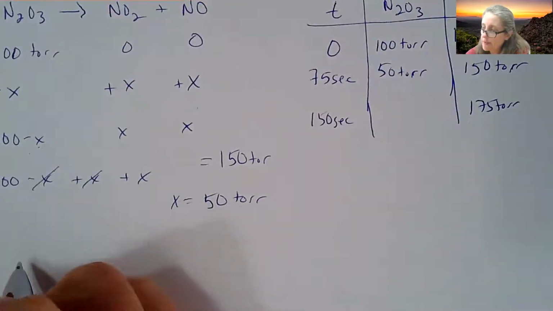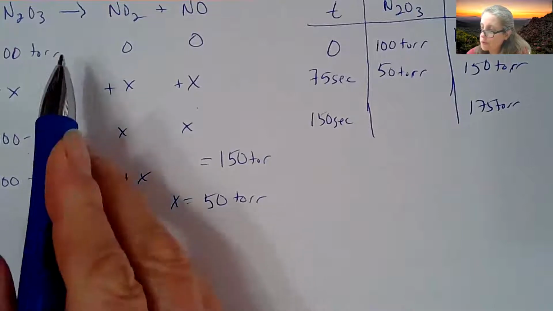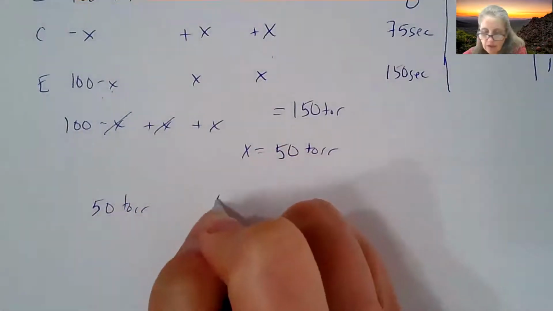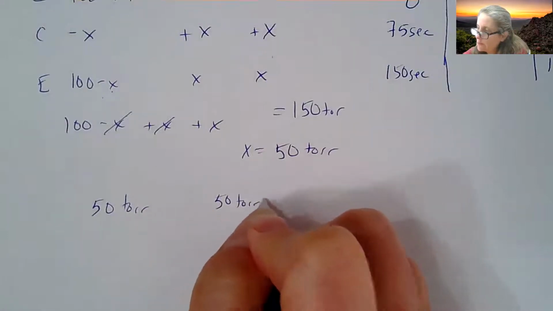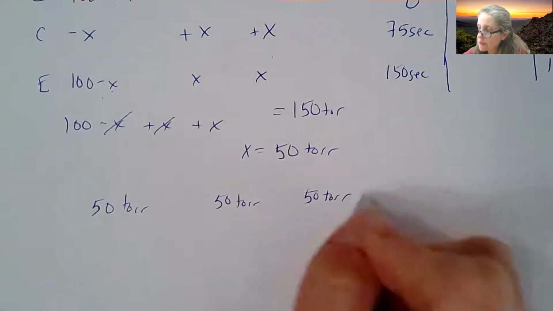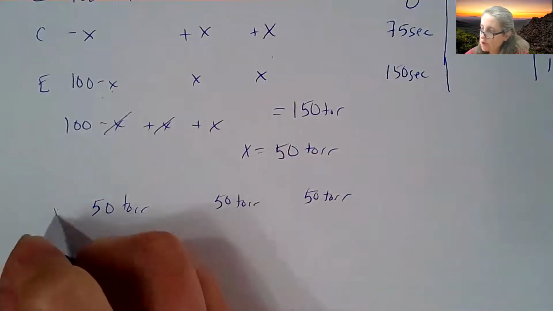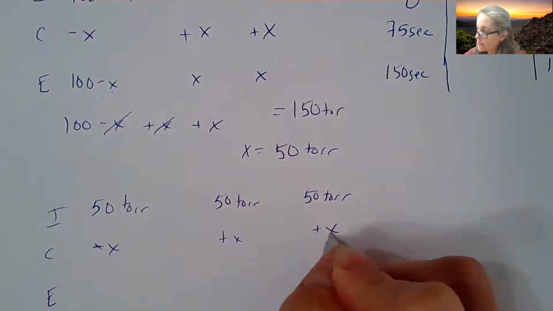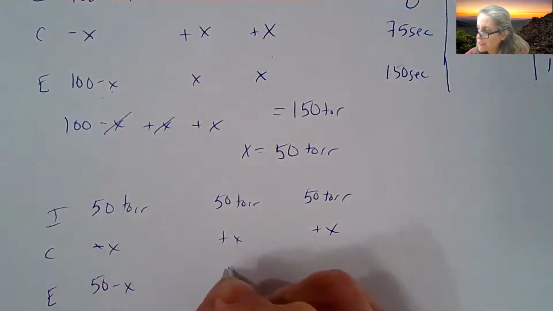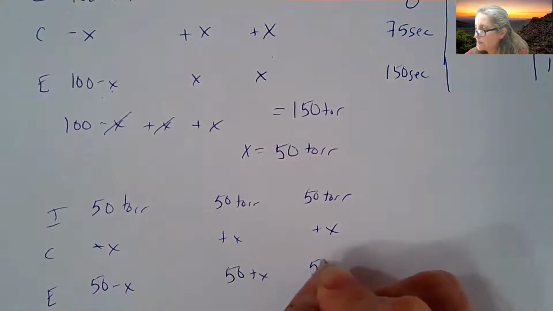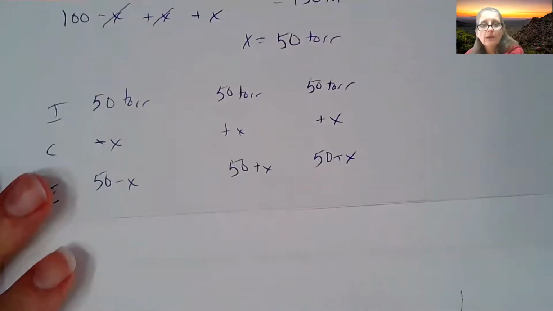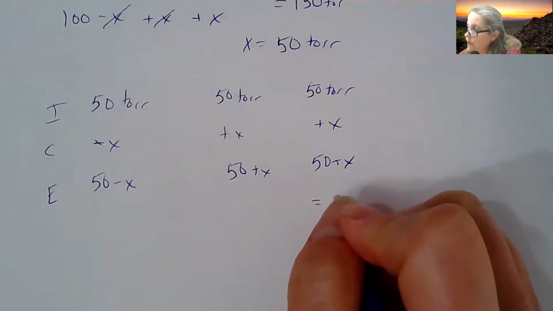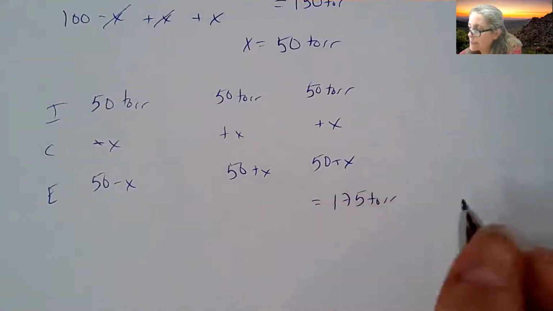All right. So at this time point, I have 50 torrs of the N2O3. I have a starting point of 50 for this one and 50 for the other product as well. So change happens. So this is a minus X, this is a plus X, this is a plus X. So this is 50 minus X, this is 50 plus X, this is 50 plus X. And we know the total pressure is equal to 175 after this time point.